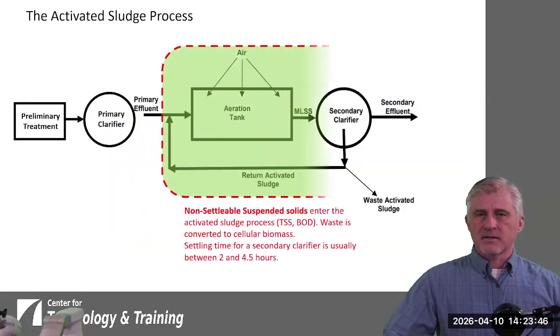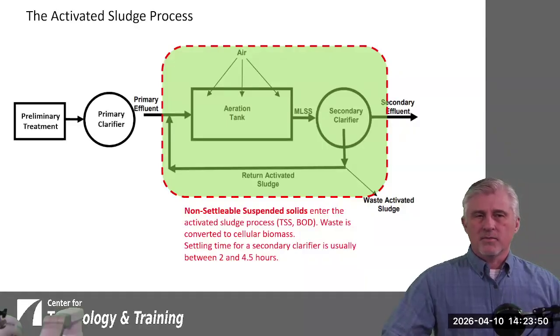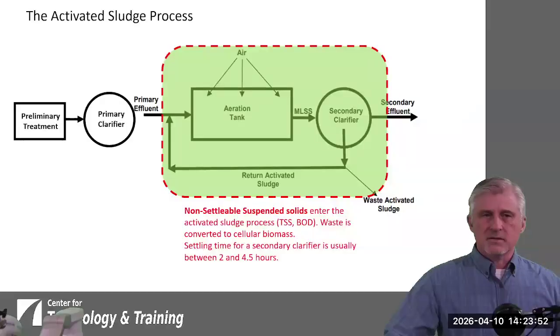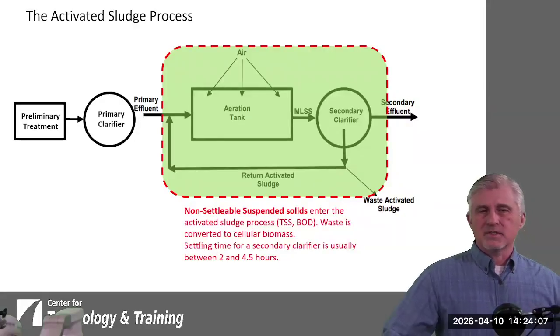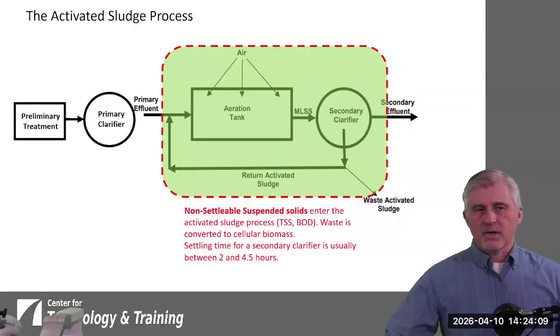And so we've got this area here, and that's where we handle the non-settleable solids, the suspended solids, that's the total suspended solids, the BOD. We convert our waste to cellular biomass, and the time that it takes in there is typically between 2 and 4.5 hours.